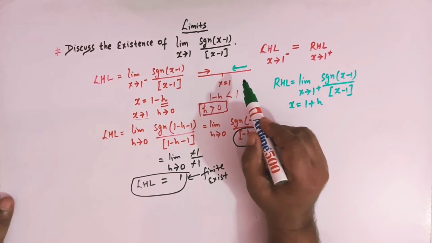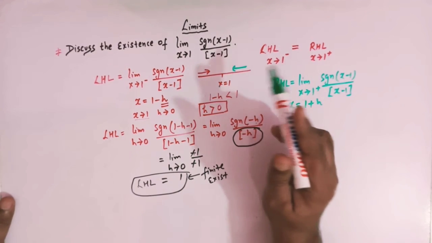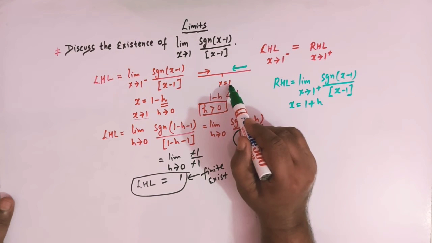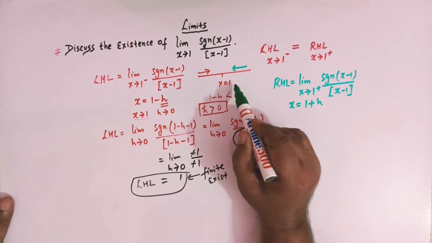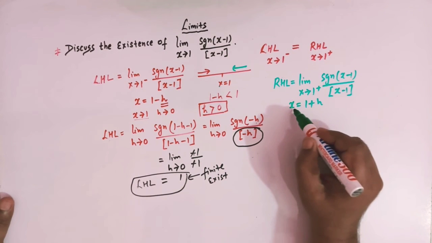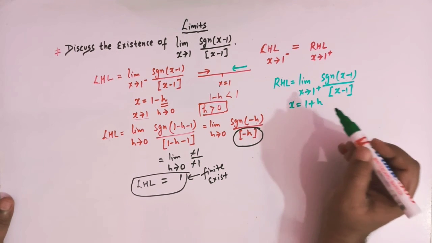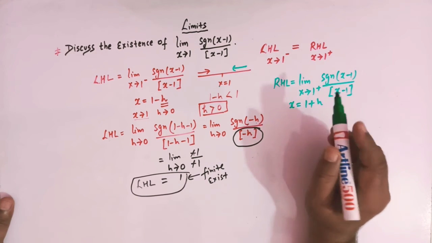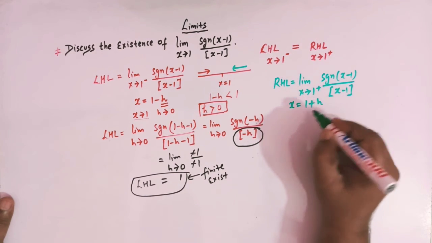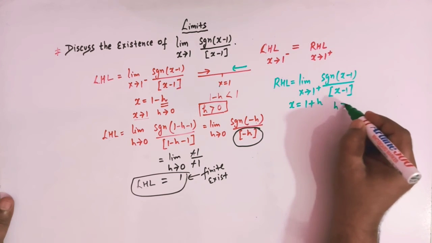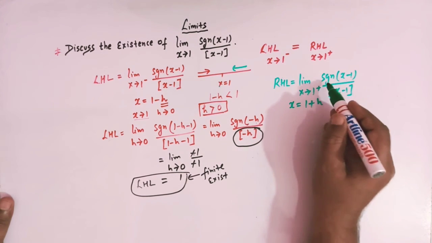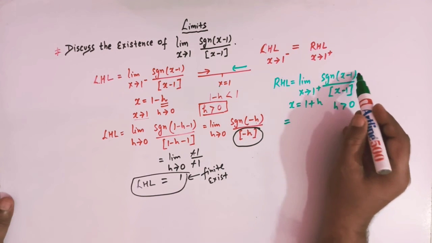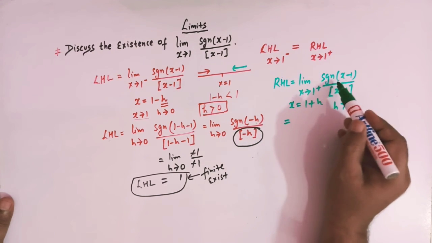So all the values which lie towards the right of x is equal to 1 are greater than 1. So x is equal to 1 plus h basically denotes the neighborhood of x is equal to 1. So now here again h is greater than 0, and we can now transform this limit in terms of h.